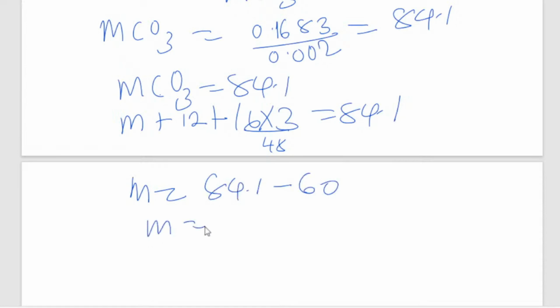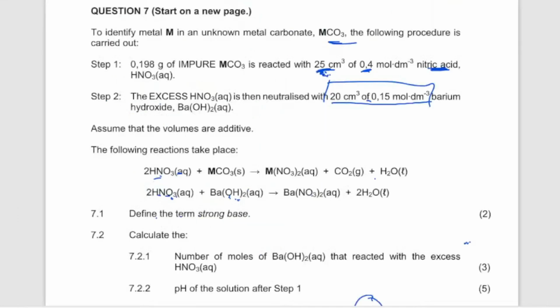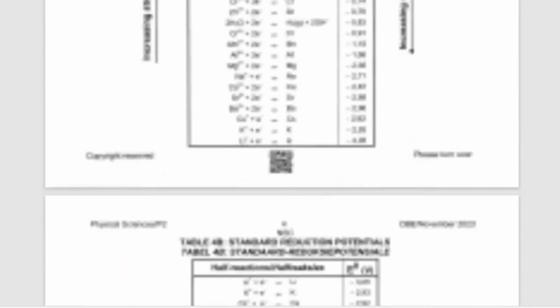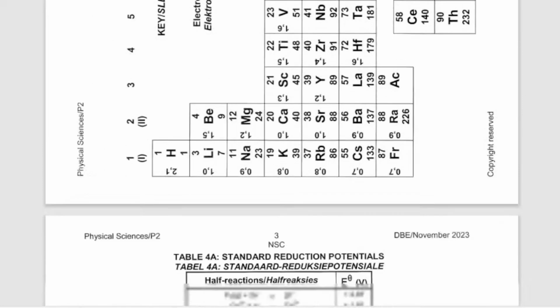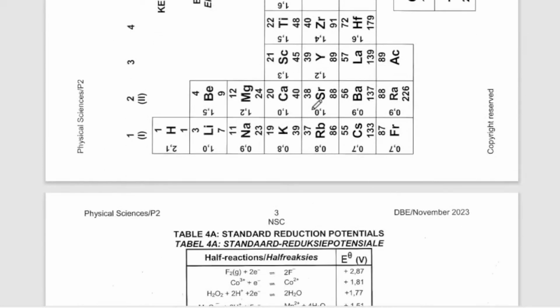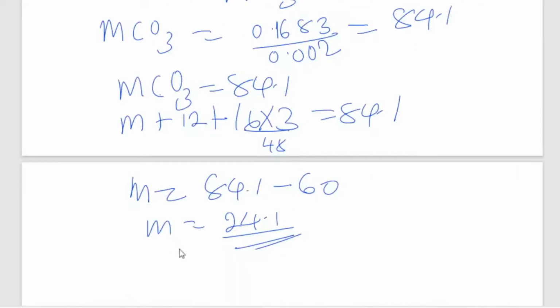So M is going to be equal to 24.1. I have to go to the periodic table and find out which element has 24 as the molar mass, and the answer is magnesium. So M is equal to magnesium.